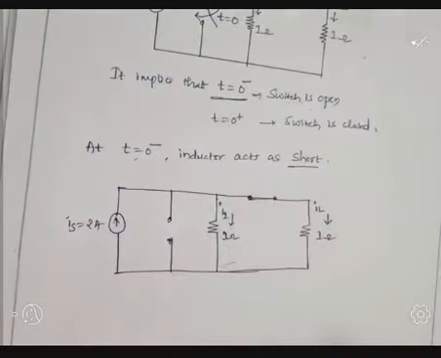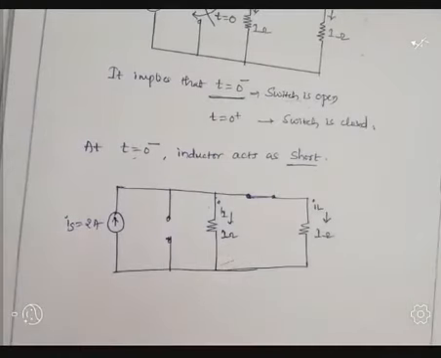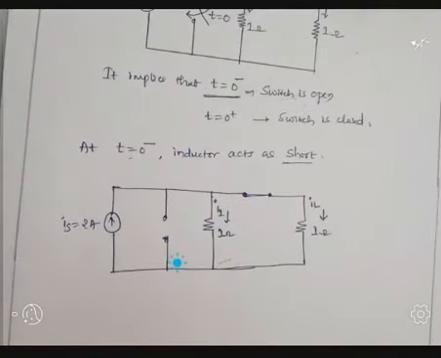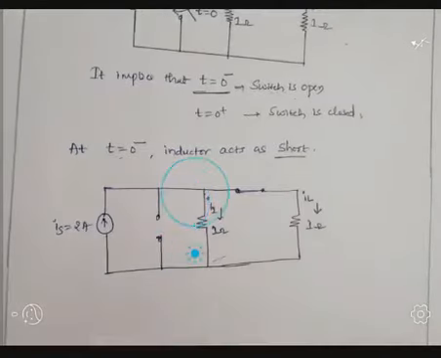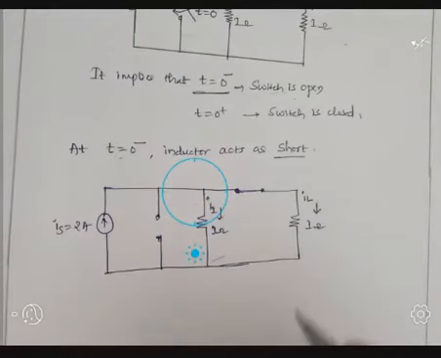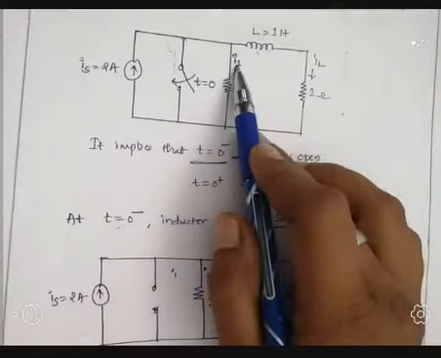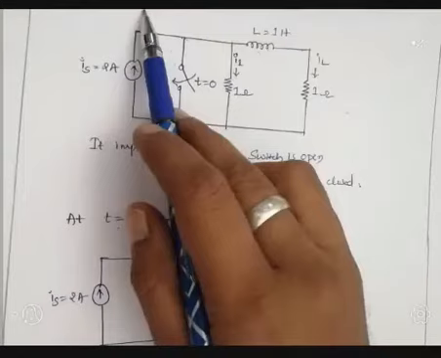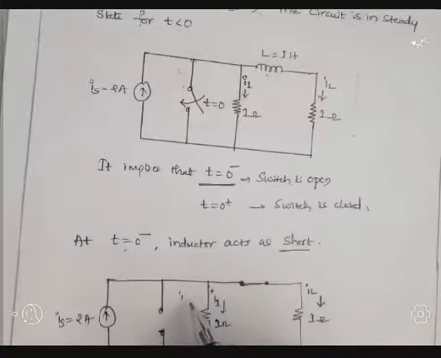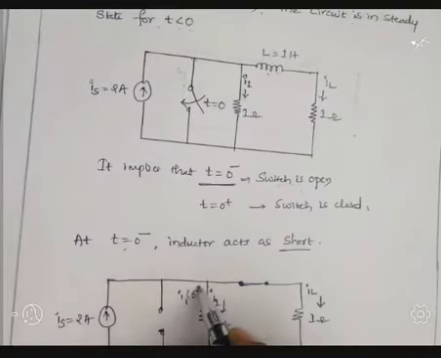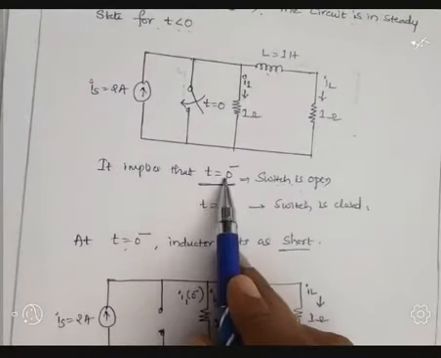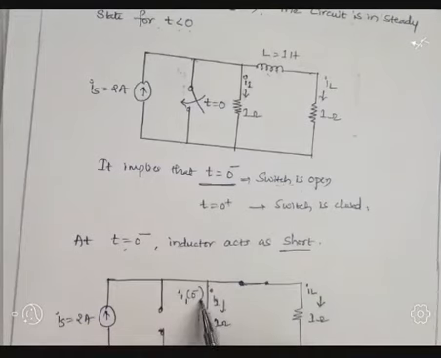Now let us analyze this network. Here I1 is represented. So for t less than 0, I will write I1 of 0 minus. How much current is flowing, we have to calculate.